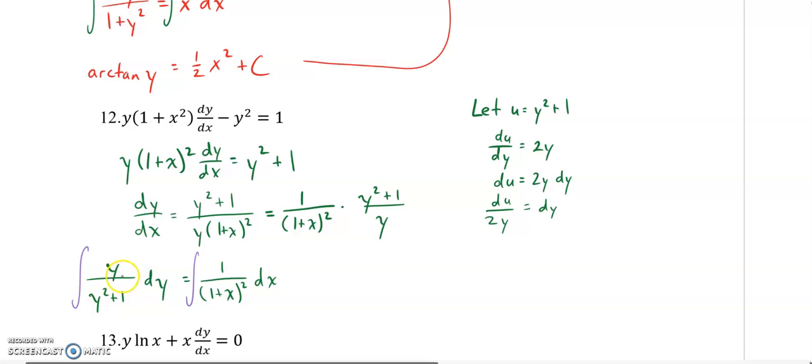So when we rewrite this integral, we'll get the integral of y over u times dy is du over 2y. The y's cancel out, which was essential.